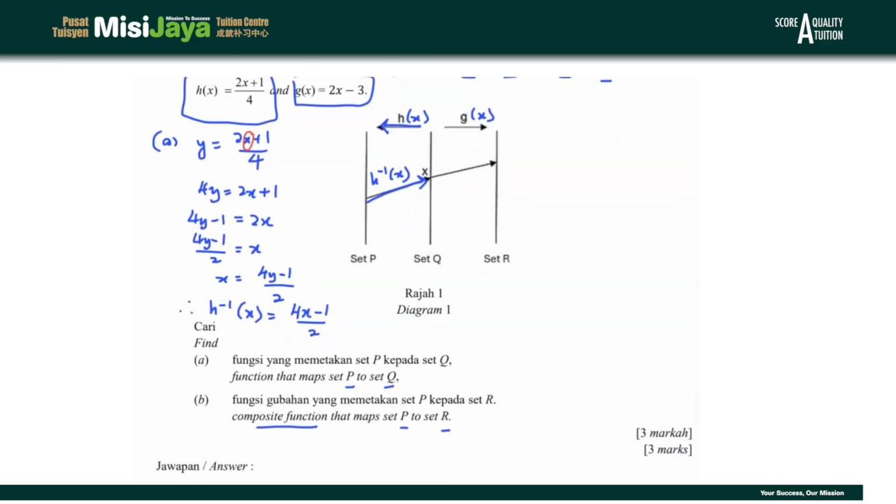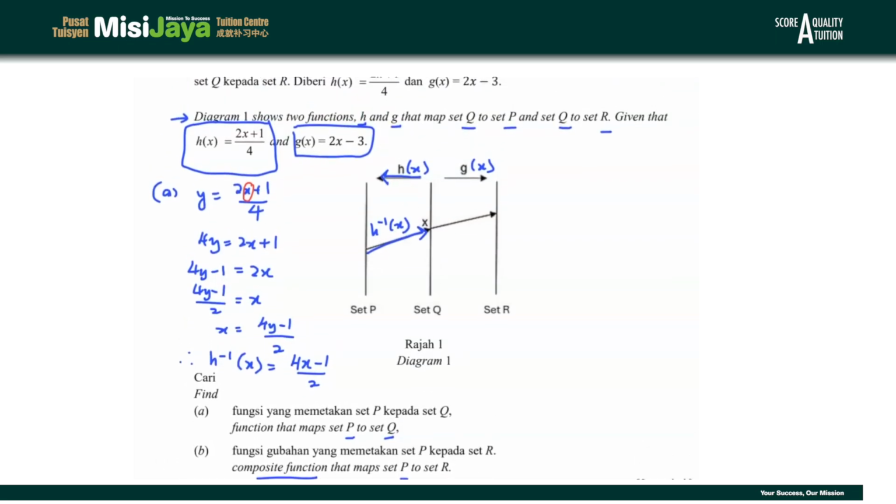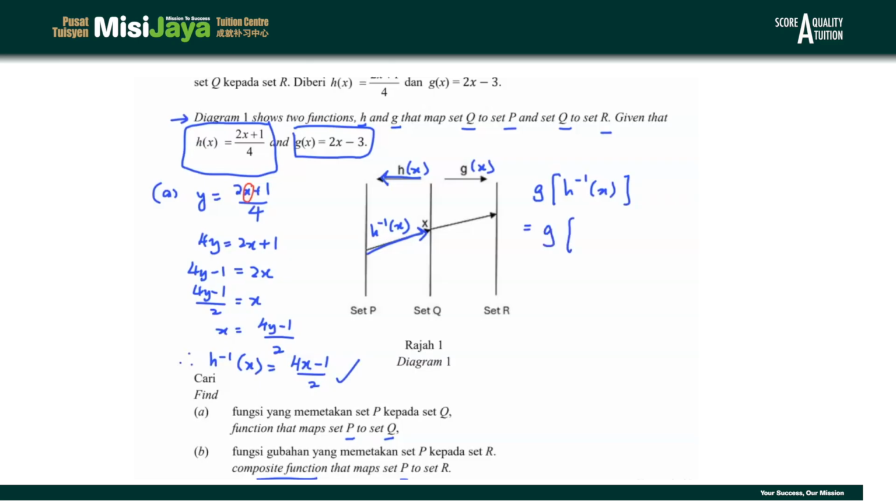Okay, composite function that maps set P to set R. So for this, what they mean is g times inverse hx. Okay, so just now we already found our inverse hx. So we're going to substitute into here. Okay, so this will be (4x minus 1) over 2, then equals.